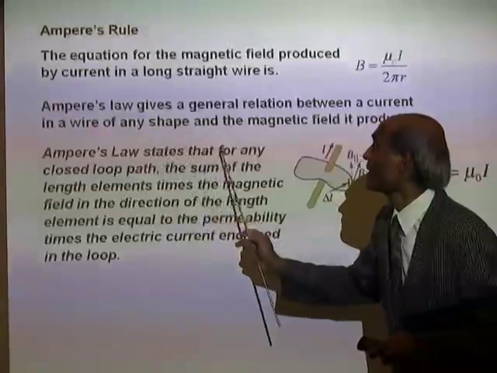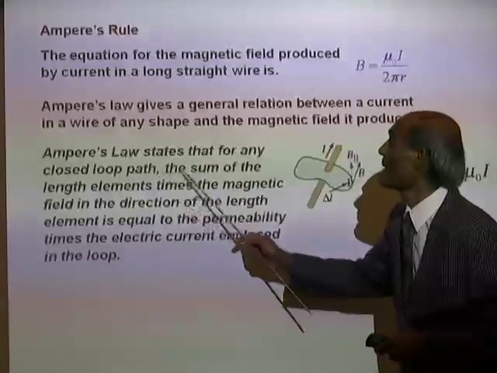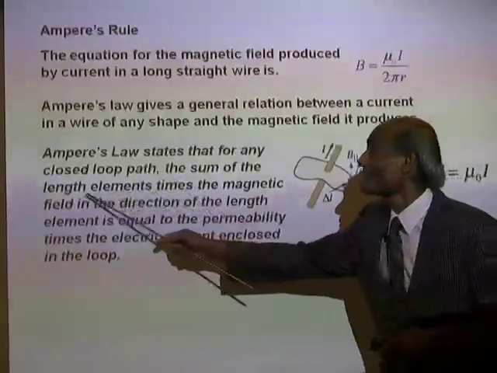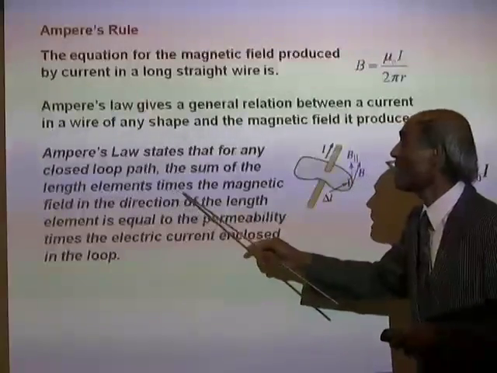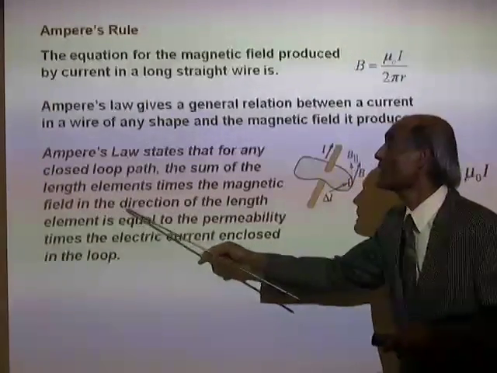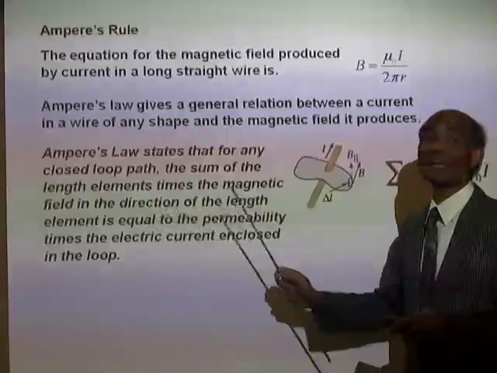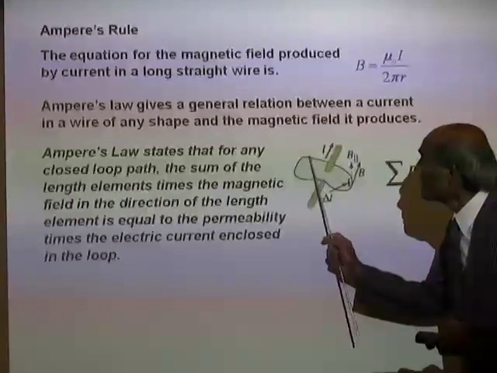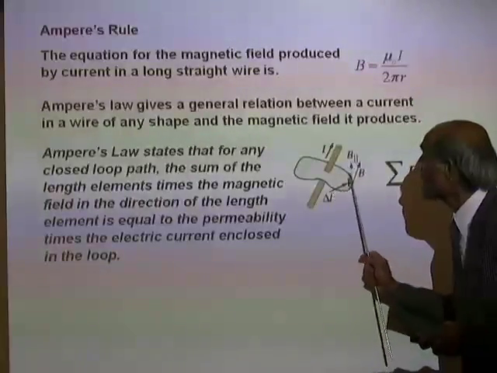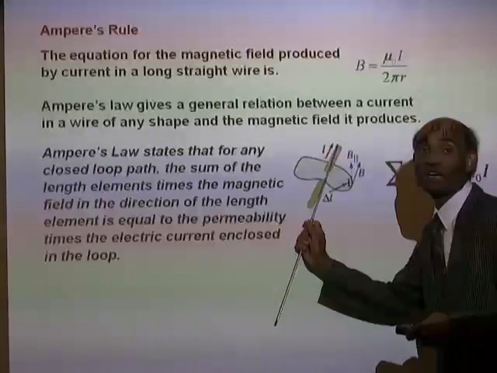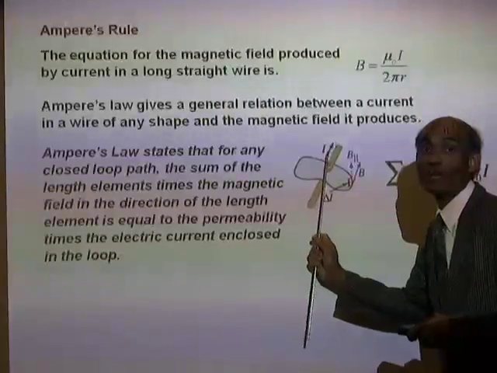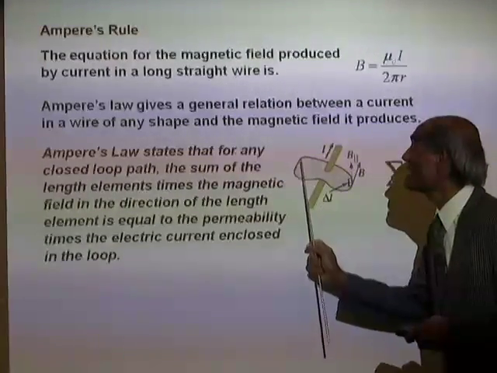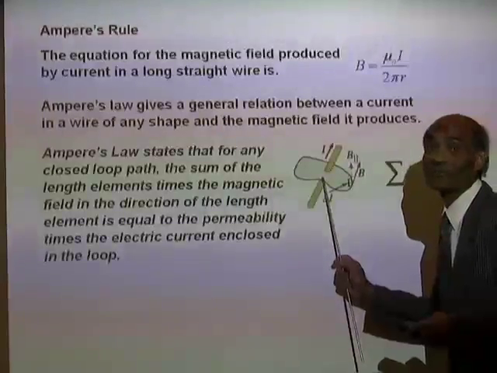Ampere's law states that for any closed loop path, the sum of the length elements times the magnetic field in the direction of the length element. Now remember, if you take a closed path around this conductor that carries a current, there will be a magnetic field anywhere along that length.